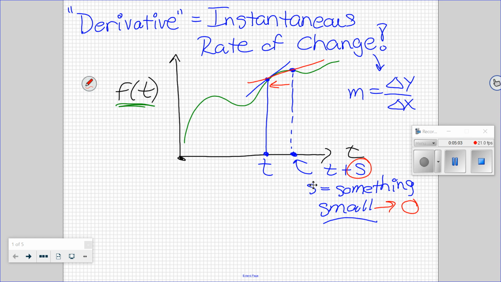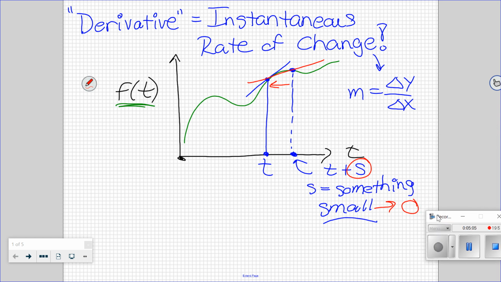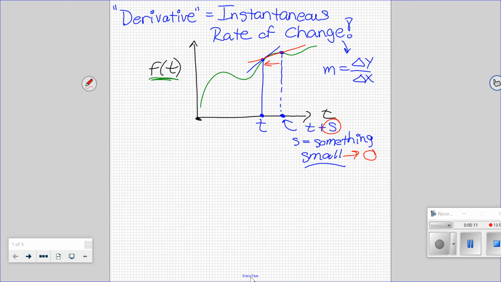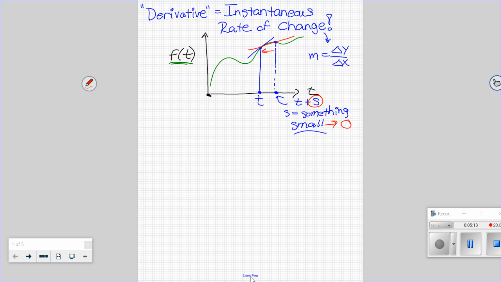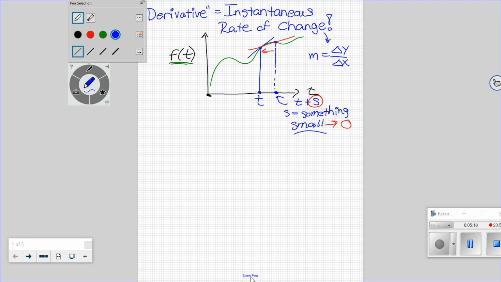And so, okay, like delta y. Yeah, we'll zoom out a bit. The idea is simply this.